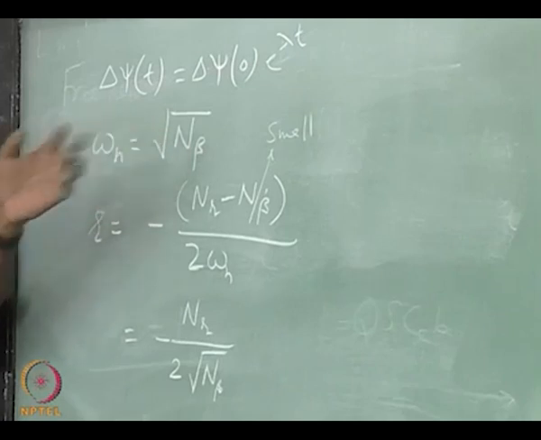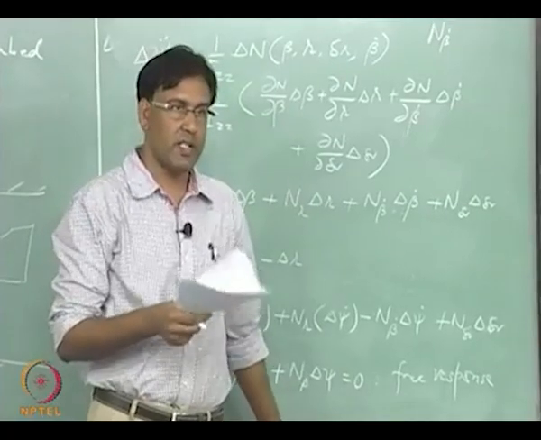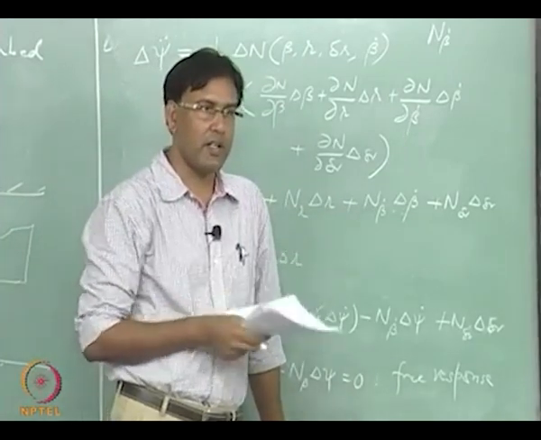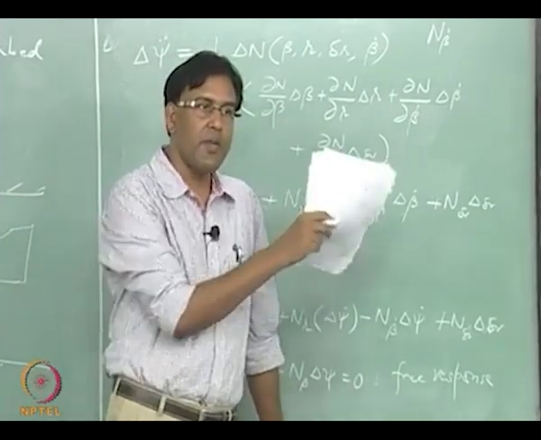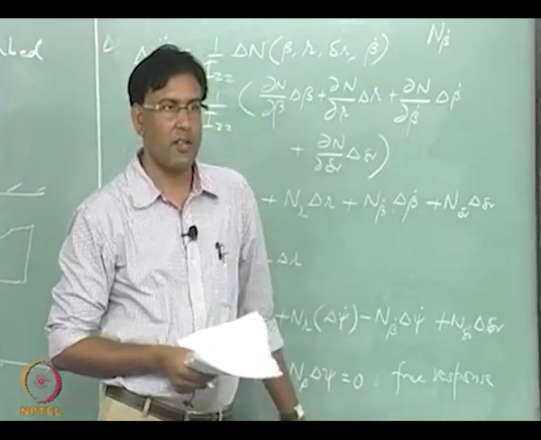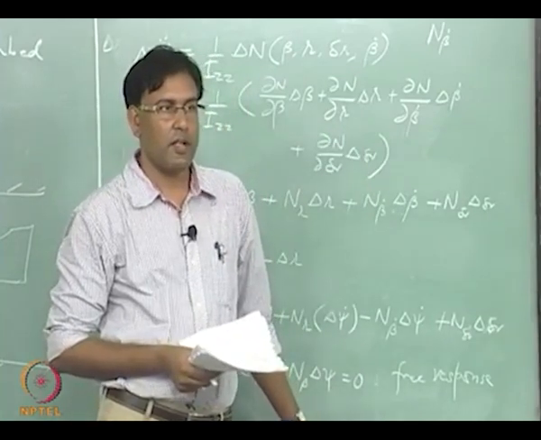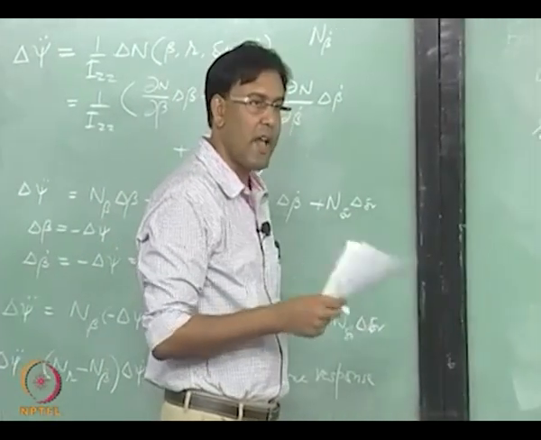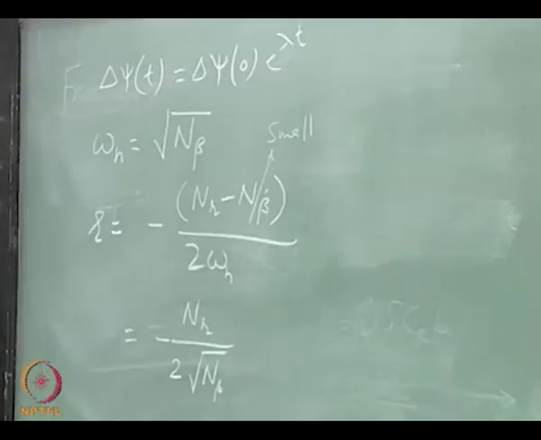What is this n beta? N beta is the yaw stiffness term, right, or the directional stability term, right, and that gave me only the frequency, right. We had no idea of damping earlier, and that is where we were talking only about the static stability.